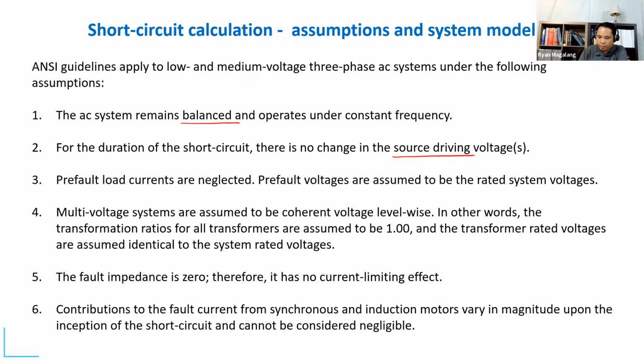See, the source driving voltage, this is taken from the IEEE. That's the same thing that I mentioned earlier. So we keep the source voltage the same. And fault impedance is neglected. That's the arc fault impedance, and that's very difficult to predict.